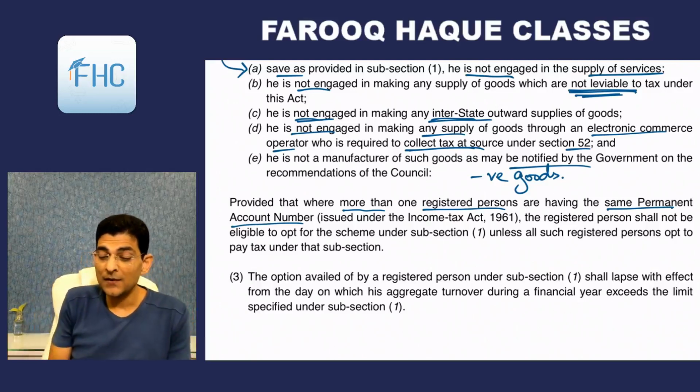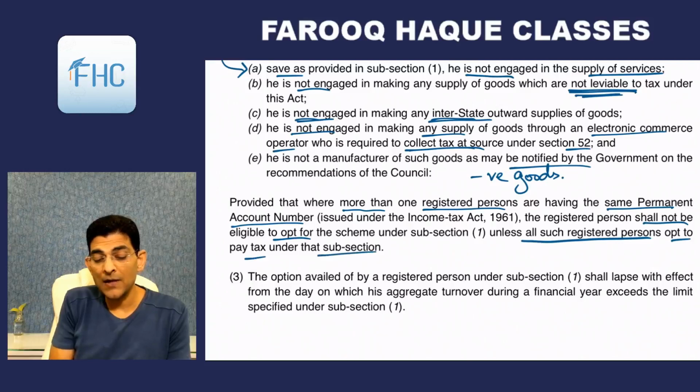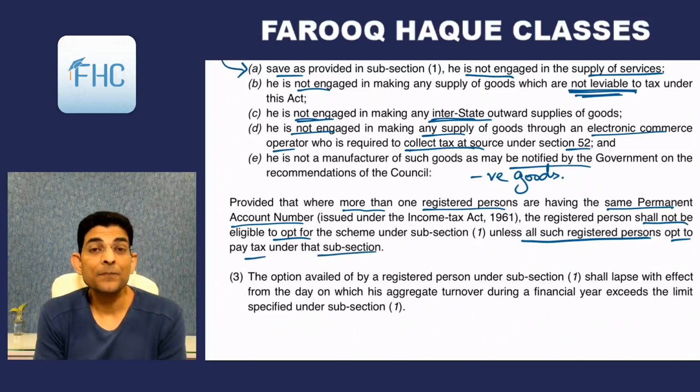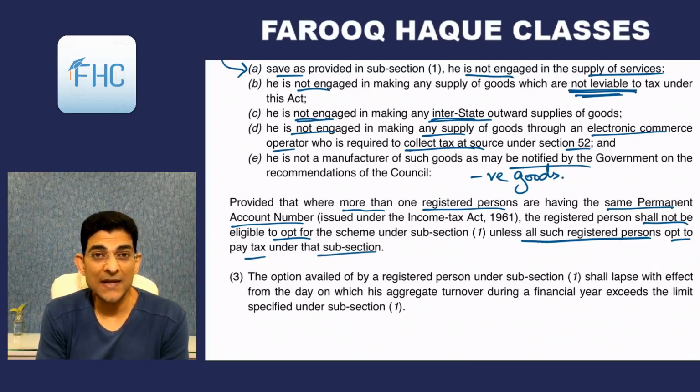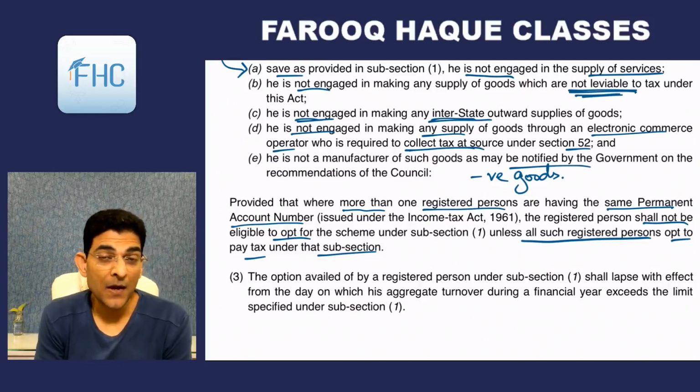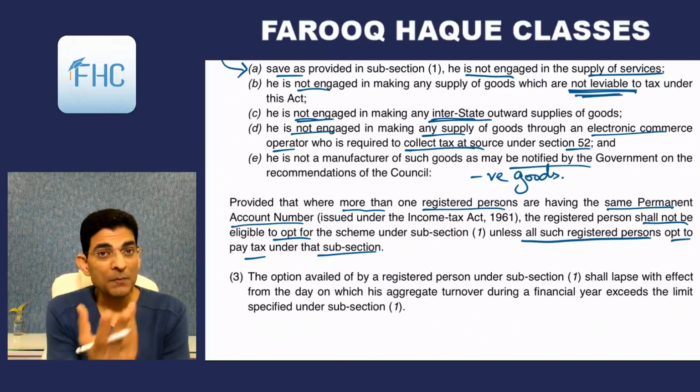The registered person shall not be eligible to opt for composition scheme unless all such registered persons opt to pay tax under that subsection. Means if I have got 15 branches in 15 states, all having registration numbers separately but with the same PAN, because I have to quote my PAN.